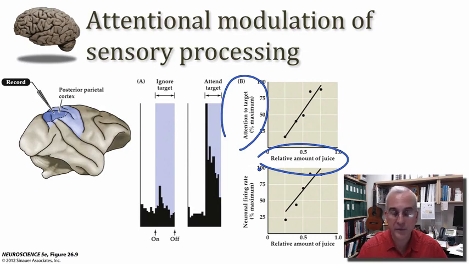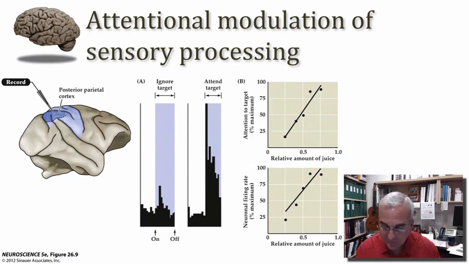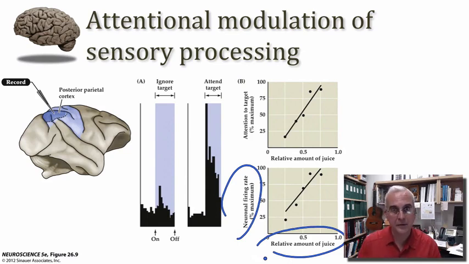Now, when we relate these behavioral metrics to neuronal firing, what we discover is that neuronal firing is rather tightly related to the behavior as indicated by the amount of reward that the animal has received. And this simply indicates that attention can have an effect on the firing rates of neurons that are responding to sensory stimuli.